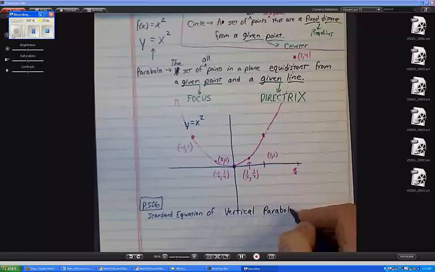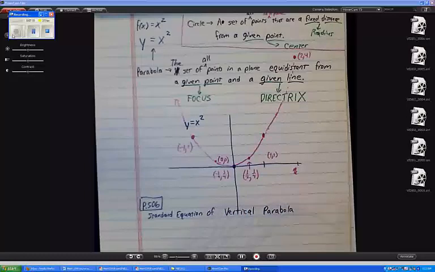That's what we have here, a vertical parabola. What I mean is, which way does it open? Upward, or it could open downward. That's the only kind we've ever dealt with before, because those are functions.